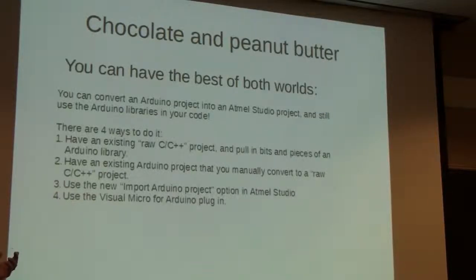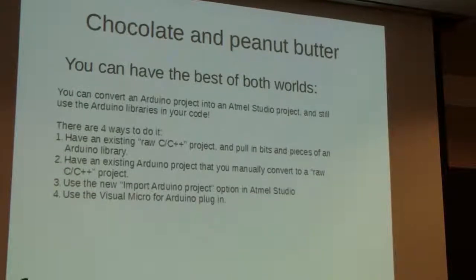So I kind of came up with 4 ways of having it both ways. You could take your C++ project that you've already been working on and throw Arduino stuff into it piecemeal, and that's the first way.